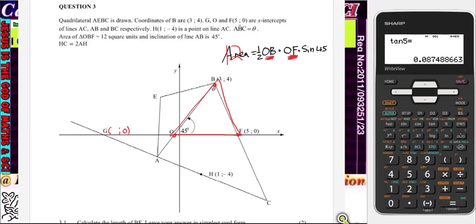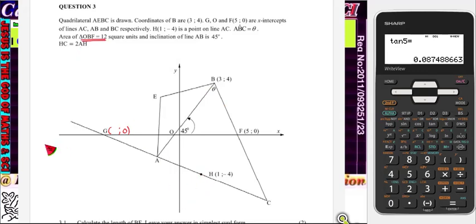All right, let's go ahead and work out the whole thing. So I'm just going to underline that so that we don't forget. Check, what are they saying? They say an inclination line AB has 45. We're good. They say HC. Do you see HC? H is here. C. Yeah. It's twice AH.